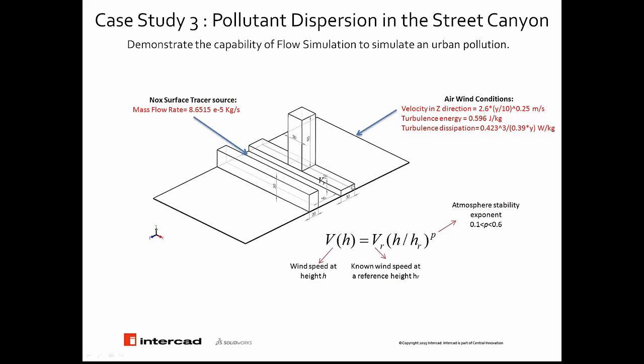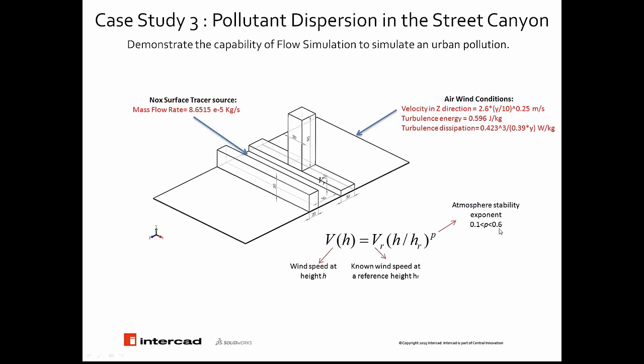We are simply evaluating the air wind to be varied by the height. Well, the wind speed at the height of H is VR, which is a known speed at the reference height, could be 0, could be 100, or anything else, times the ratio of H over HR, raised to an exponent, which is atmospheric stability. That ranges between 0.1 and 0.6.